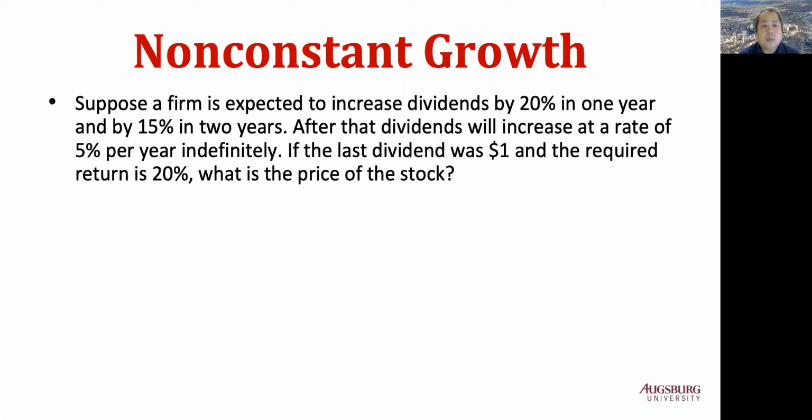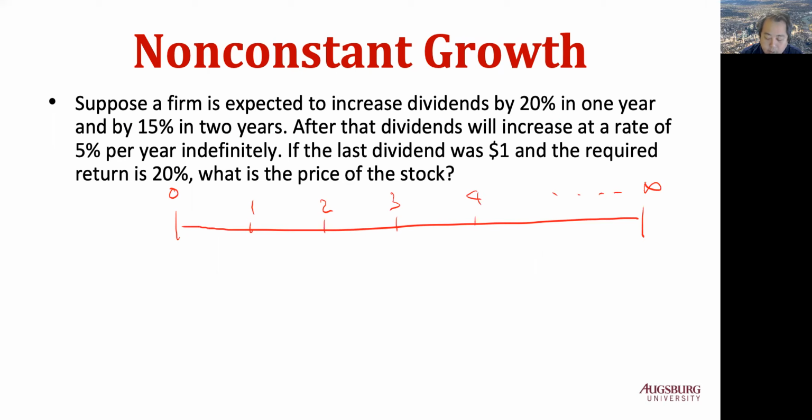Remember, we have to find the present value of all expected future dividends. So the first thing we need to do is find the first timing they start to behave like the constant growth model. Let's draw a timeline. Forever, right?